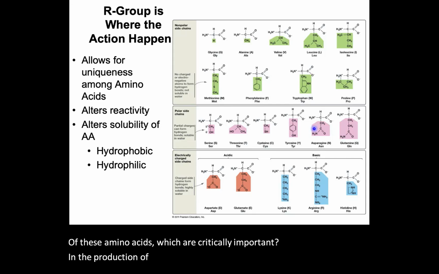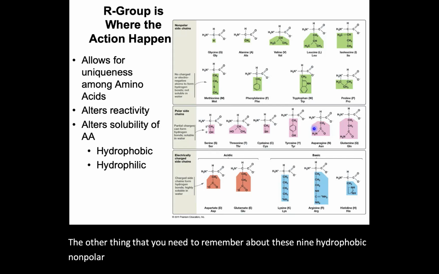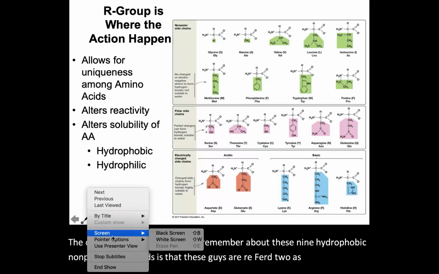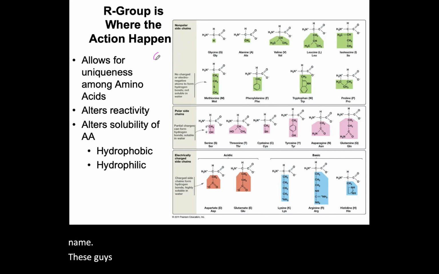Now, the other thing that you need to remember about these 9 hydrophobic non-polar amino acids is that they have a name. These guys are the essential 9. They are the essential 9 because they are only acquired through diets.